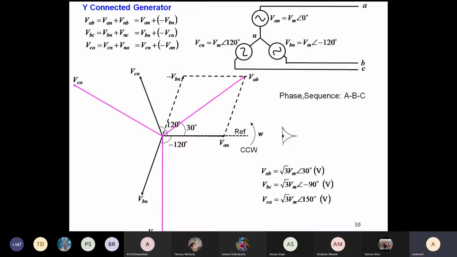So these things you have to remember: for a Y-connected generator, the magnitude of the line voltage is root 3 times the magnitude of the phase voltage, and you should be able to construct the angles.